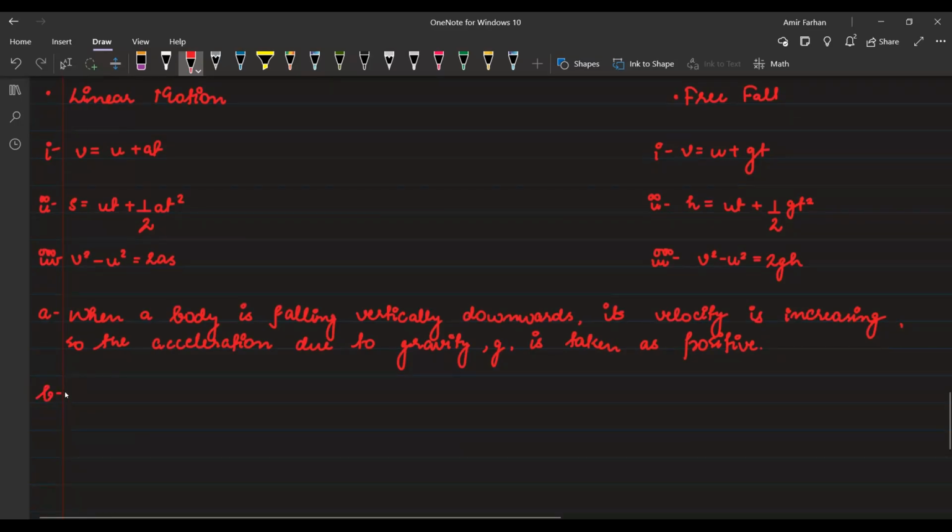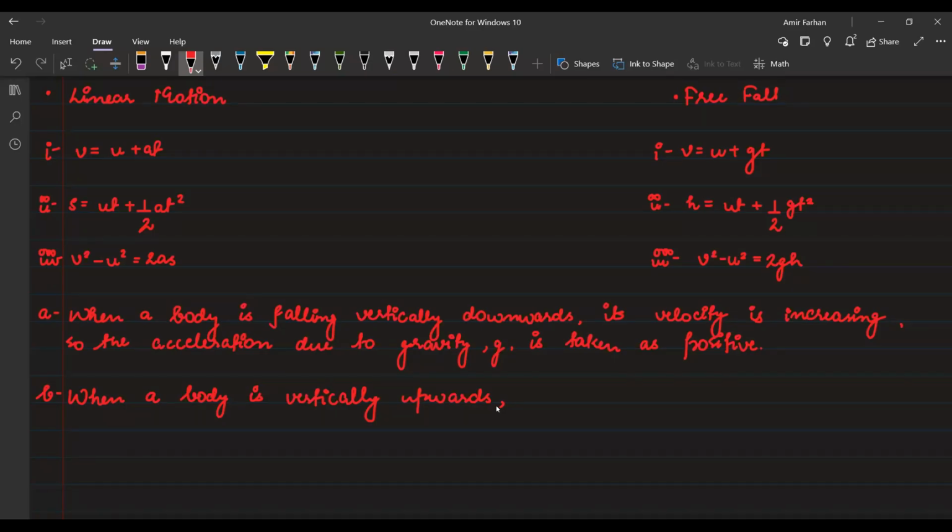The next is when a body is thrown vertically upwards. So in that case, the velocity will be kept decreasing.